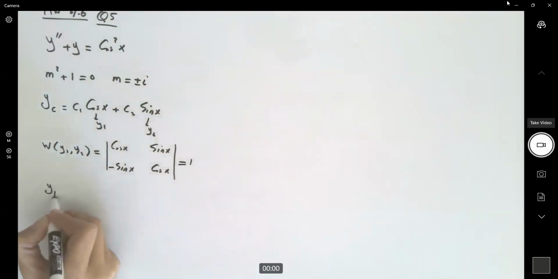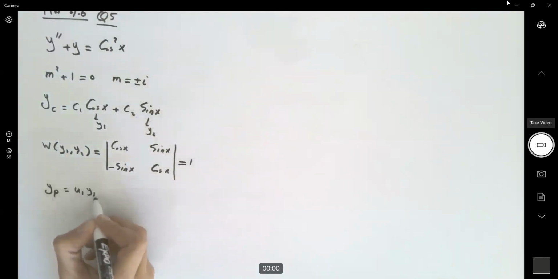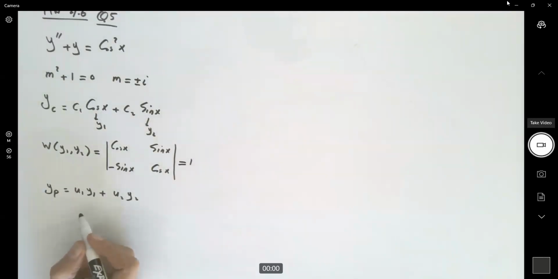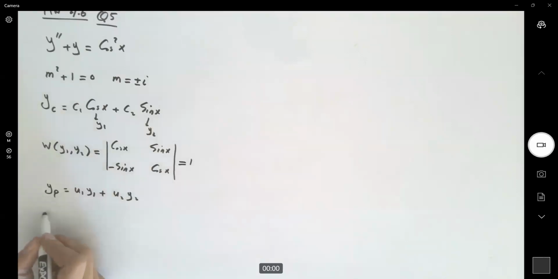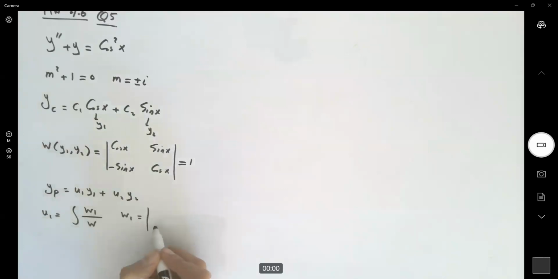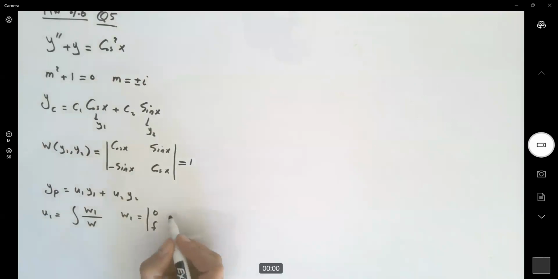Now, the particular solution can be written as u1 y1 plus u2 y2. To find u1 and u2, we're going to find the Wronskians as follows. So u1 becomes the integral of W1 over W, and W1 is equal to the determinant of 0, f of x, which is cosine squared, and on the second row, you have y2 and the derivative of y2.